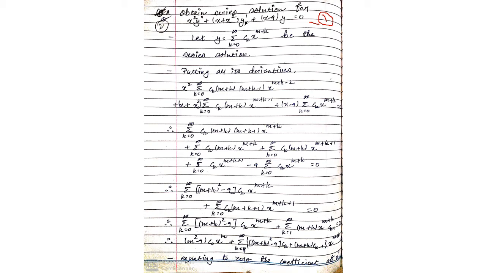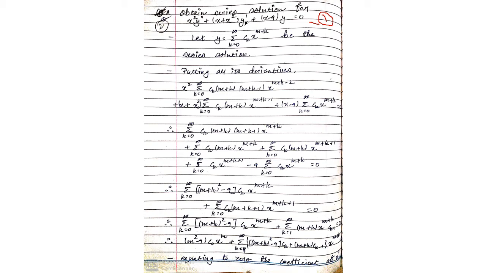In the next step, x into this whole term, plus x square into this whole term, then x into the last term, and minus 9 again into the last term. This step I have not written here, but don't forget to write it.